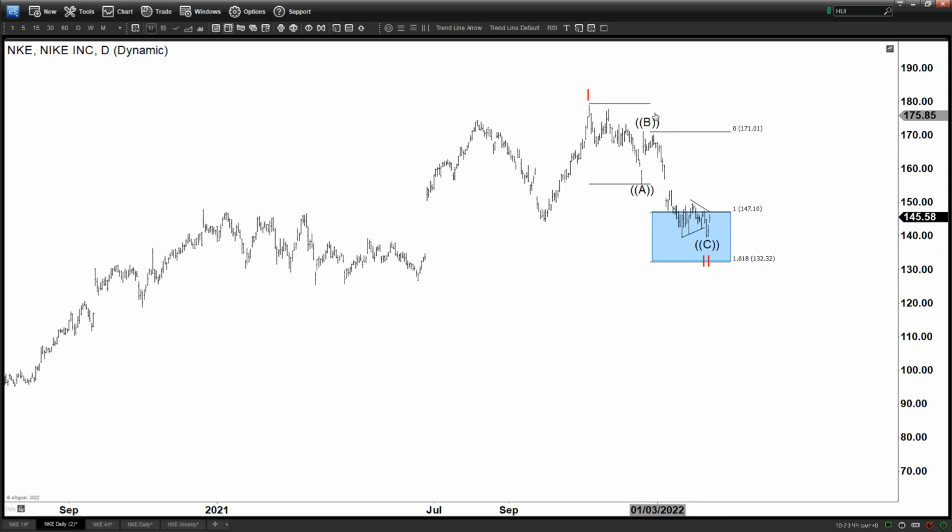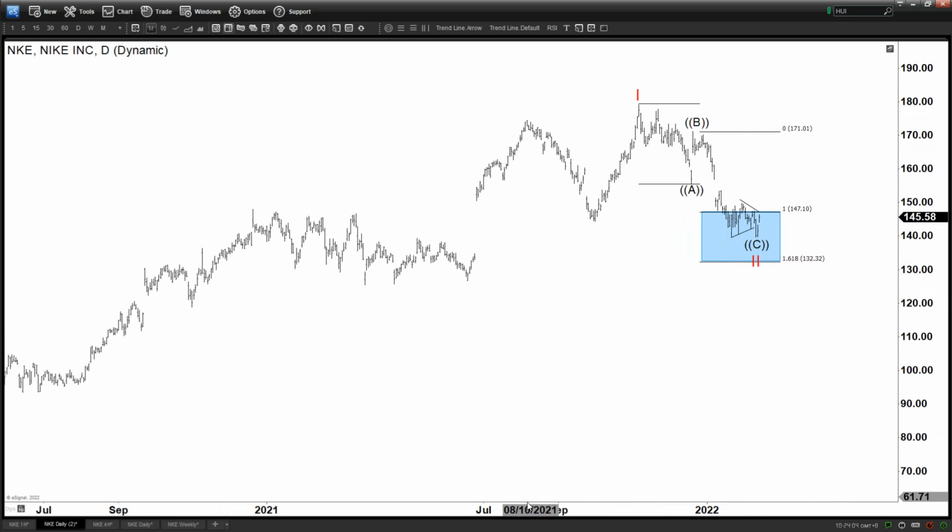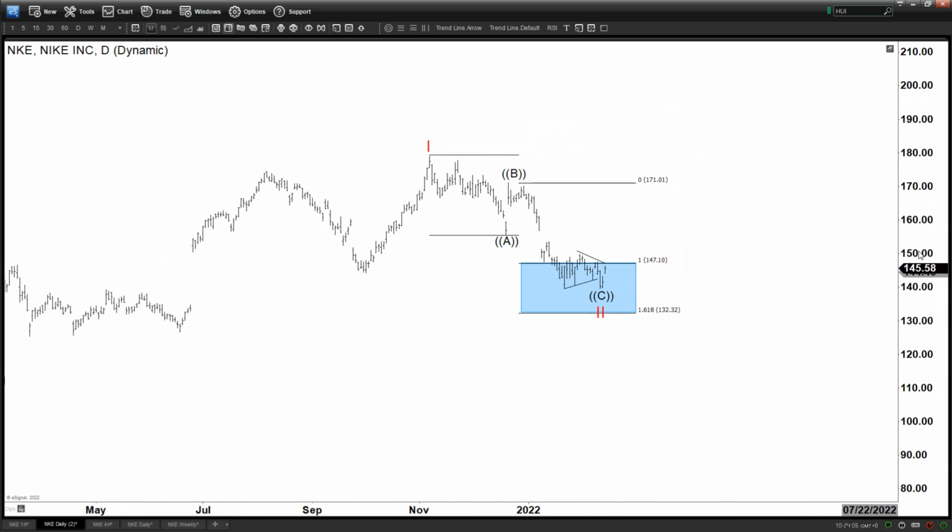So wave 3 can even be shorter than wave 1, as long as wave 5 is shorter than wave 3, and that doesn't violate the rule. It doesn't always have to reach 1.618, and that's another rule a lot of people misunderstand.